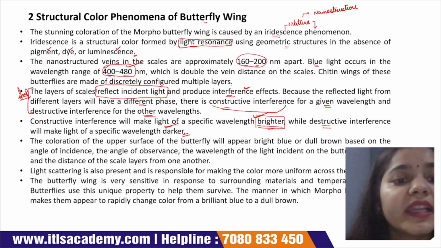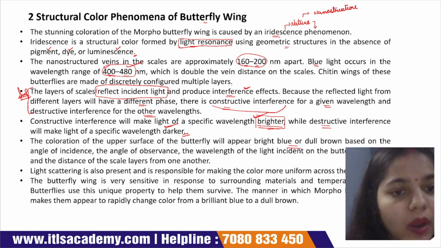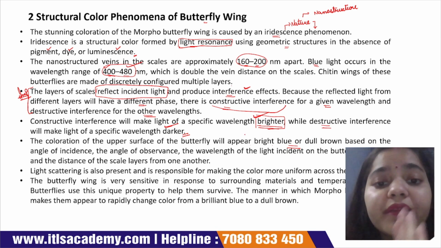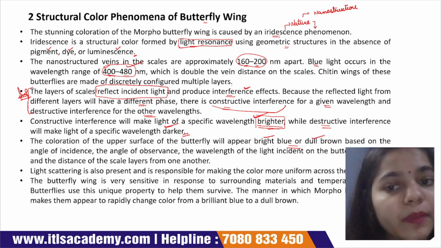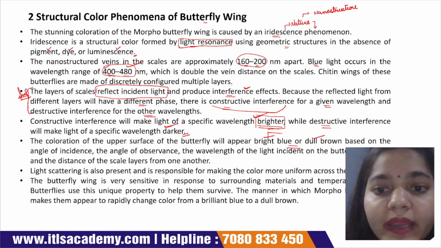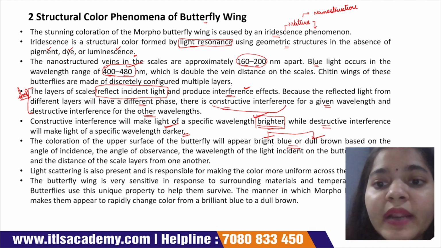The coloration of the upper surface of the butterfly wings will appear bright blue and dull brown. Why will it look bright blue and dull brown?